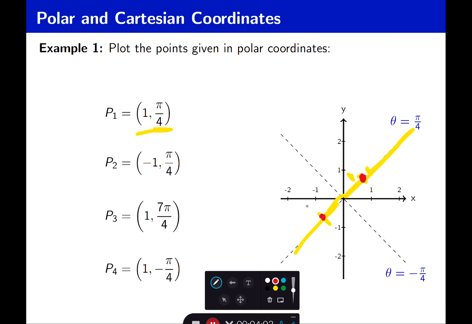How about 7 pi fourth? 7 pi fourth is basically over here, and separate 1 out of it, and it's right there. How about 1 and negative pi fourth? Negative pi fourth is the same thing as 7 pi fourth, and you separate 1, it's right there.